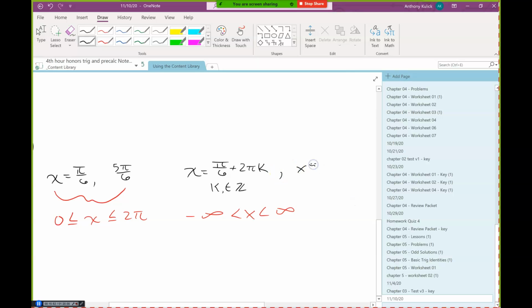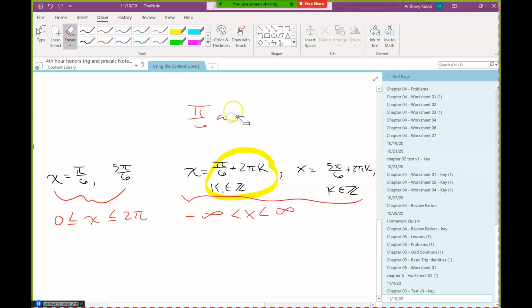And similarly, we can do the same thing with 5 pi over 6. So what is this set of symbols really saying? It's pi over 6 and any angle coterminal to it.